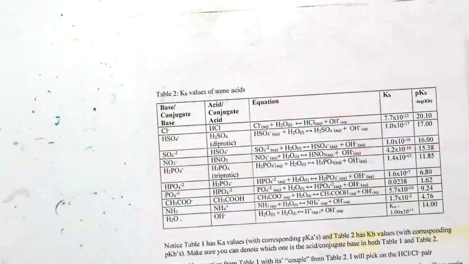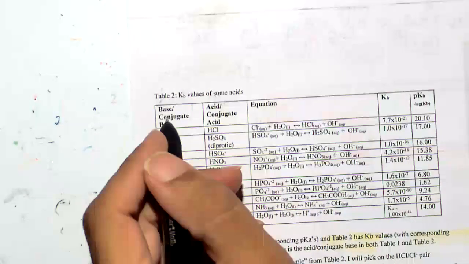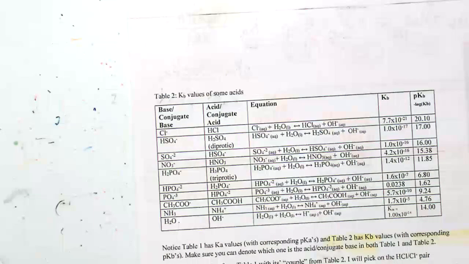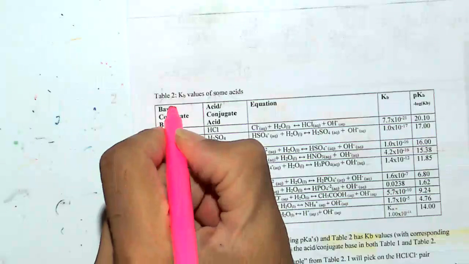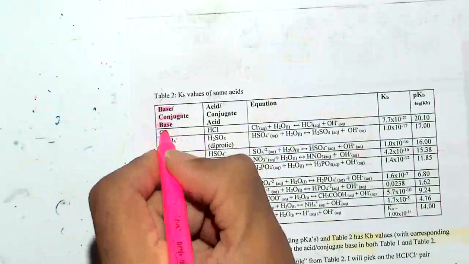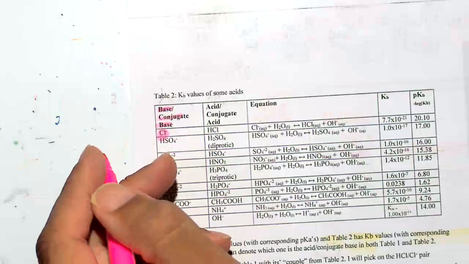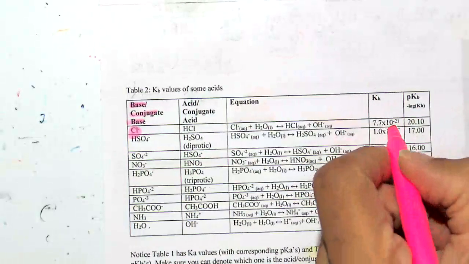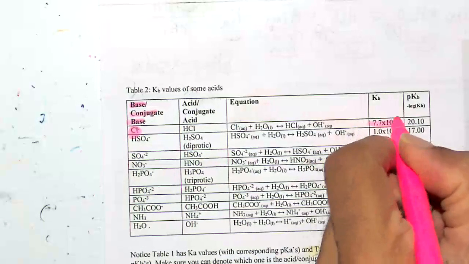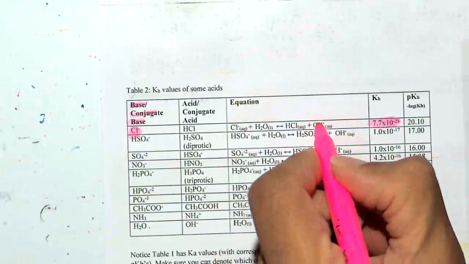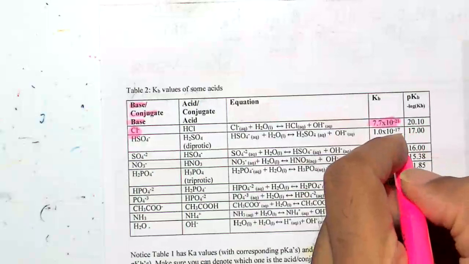All right, so here's a table here. We do not memorize Kas and Kbs. You don't have to memorize all this stuff, but here's some bases. Let's look at some bases together. Cl minus, is that a good source of OH minus? What do you guys think? 7.7 times 10 to the minus 21, is that a good source of OH minus?